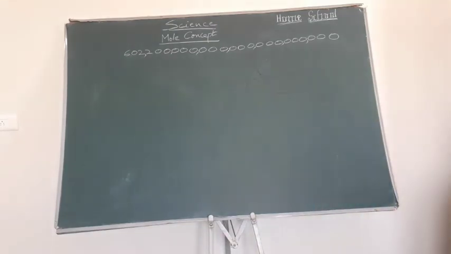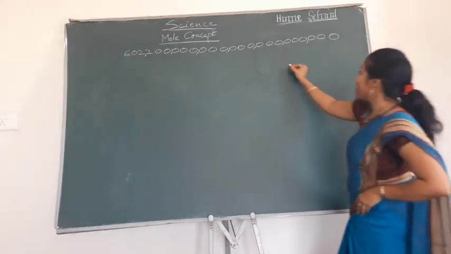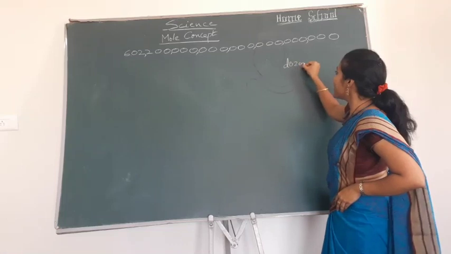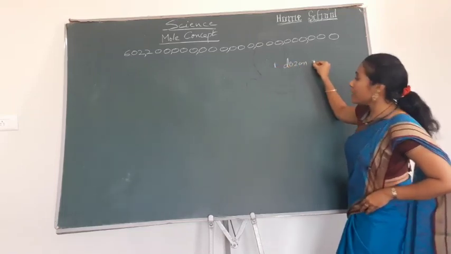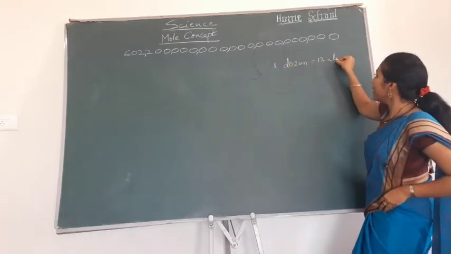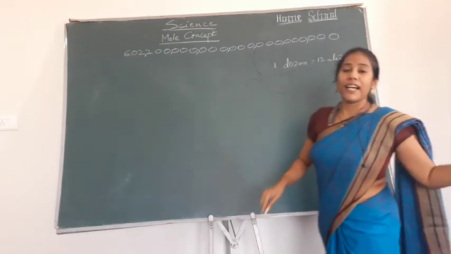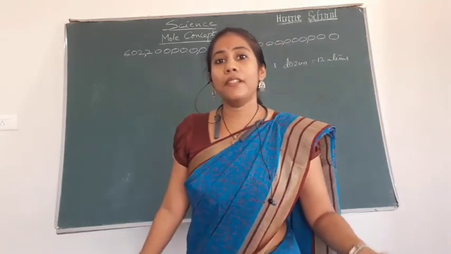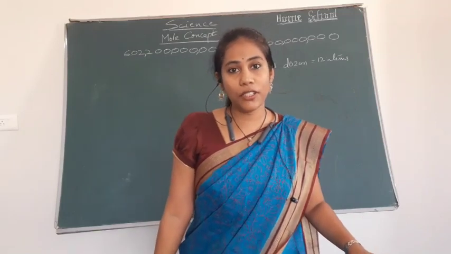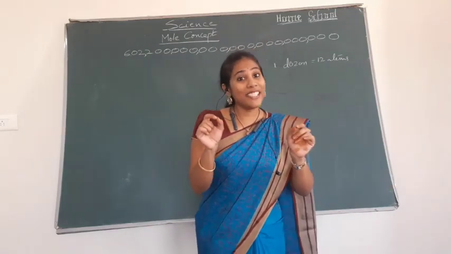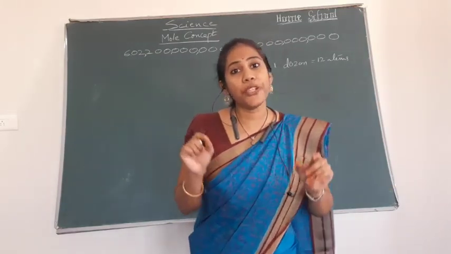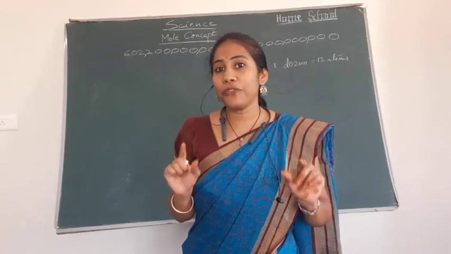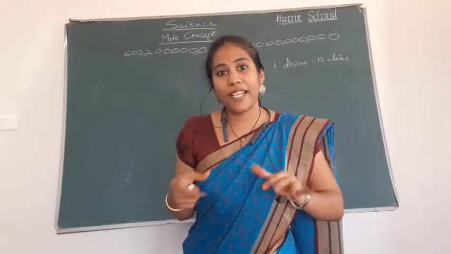So dozen, what do you mean by a dozen? One dozen is equal to 12 items, right? Items can be anything. Items can be bananas, apples, strawberries or whatever it is. So dozen is a term which is used to represent a set of 12 items. A collection of 12 items.